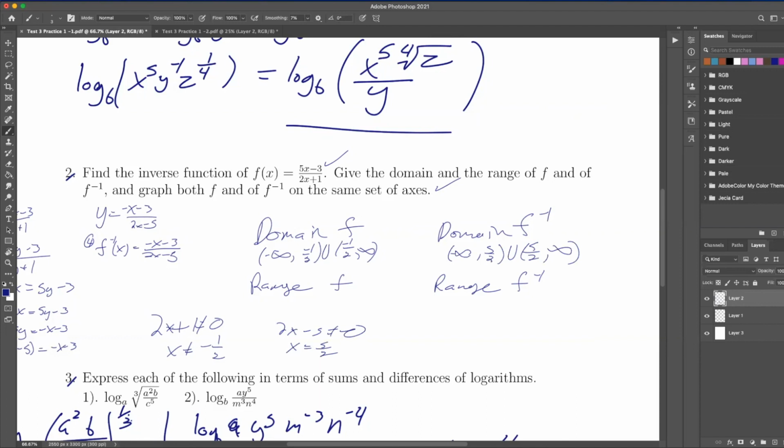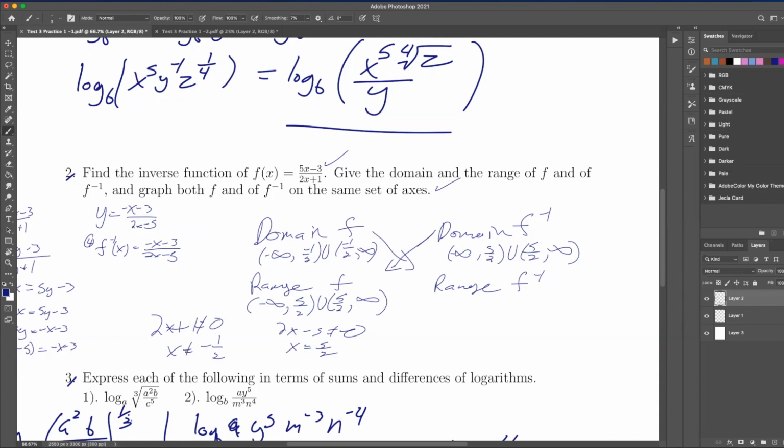Okay. Now, the domain of f is the range of f inverse, and the range of f is the domain of my inverse. So you just plug it in here. How you do this is you find the domain of f, just make the denominator not 0.